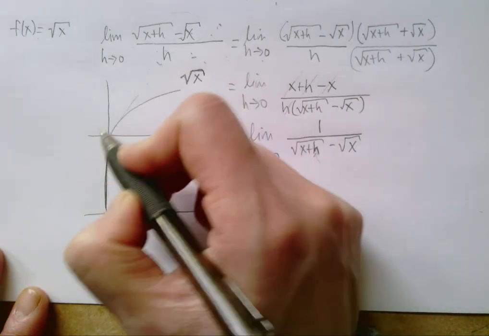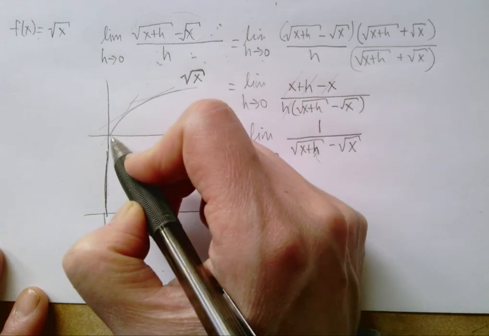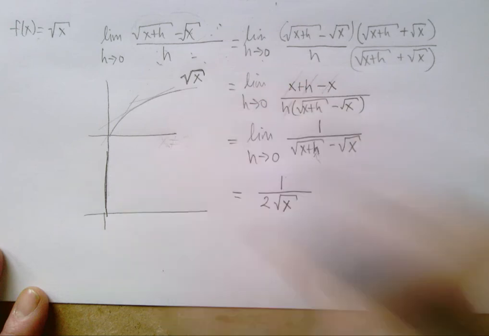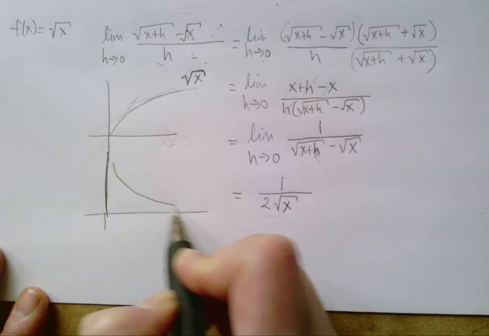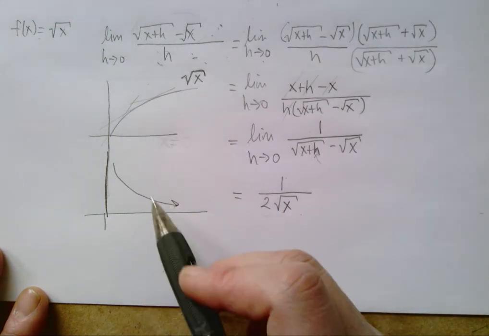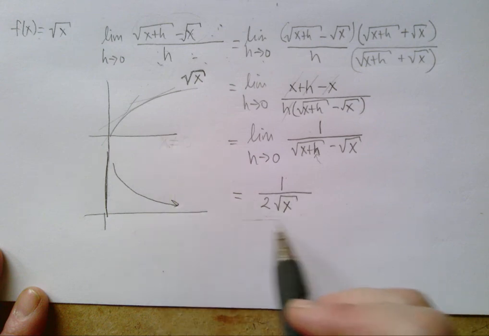Notice this is an increasing function. All right, so we have a positive derivative, but the derivative is decreasing to 0, which coincides with this. It's positive, positive, but decreasing to 0. So this geometric interpretation of the derivative coincides with what we computed algebraically.